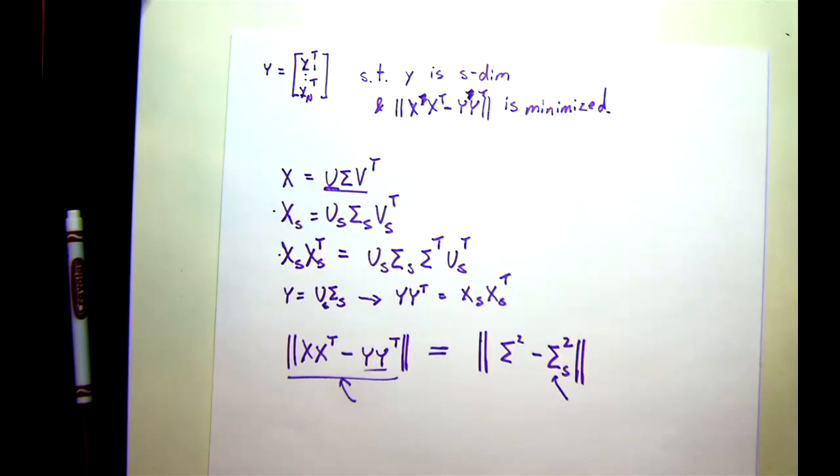PCA doesn't try, in any way, to maintain distances, but you end up with approximately the same thing. I would have to think about that, under what circumstances this would be PCA. I don't know off the top of my head is what it comes down to. Yeah, sorry about that.